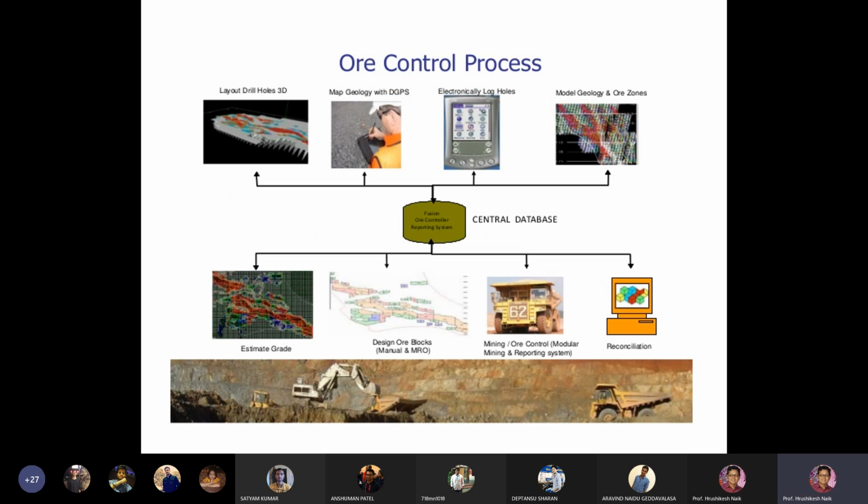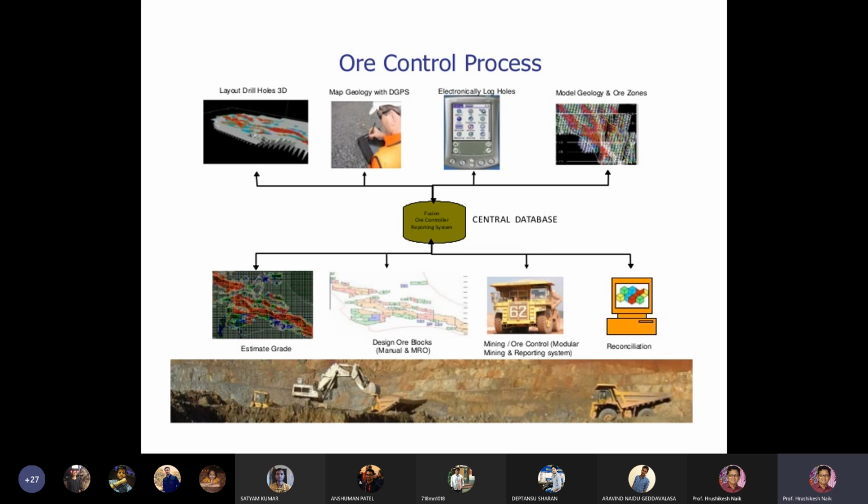So the ore is subjected to different processes. The drill holes, three-dimensional drill holes, are mapped with geology using DGPS. This is the electronic logging of holes. This is modeling the geology and ore zones.